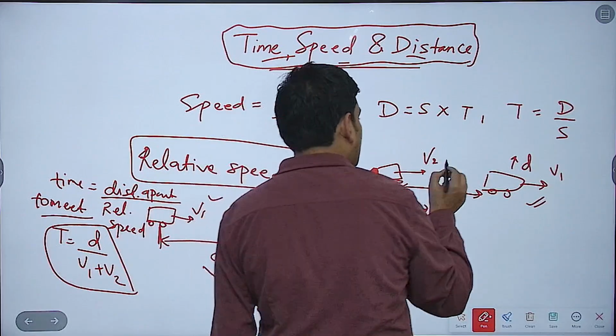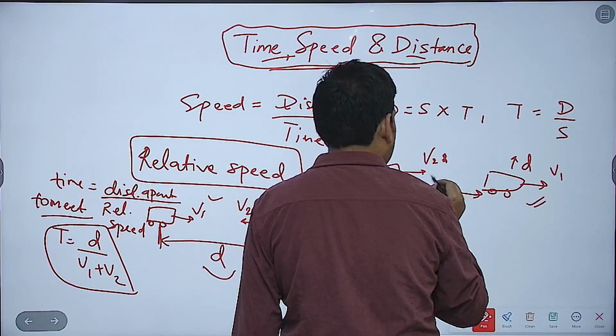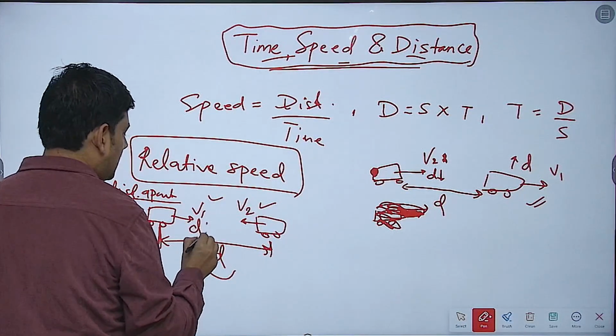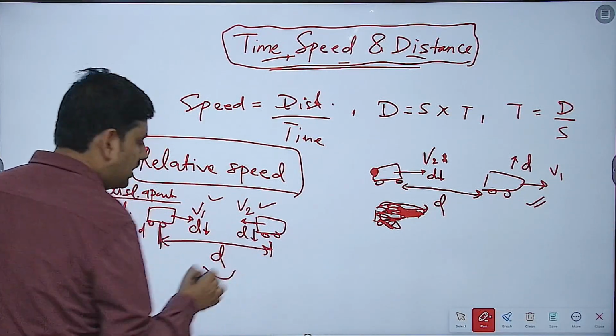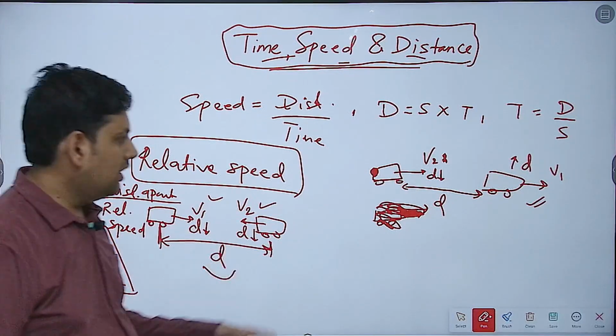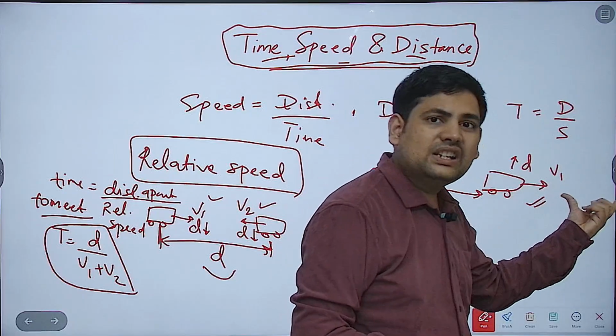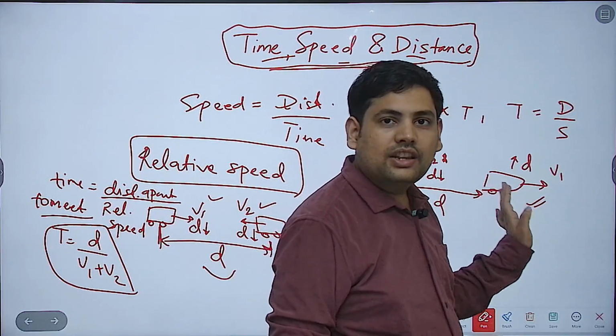So this is trying to decrease the distance. Here this is also trying to decrease the distance, this is also trying to decrease the distance. That's why they got added. Here this one is trying to decrease the distance, but this one is trying to increase the distance. That's why they will be subtracted.